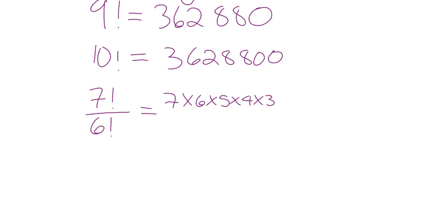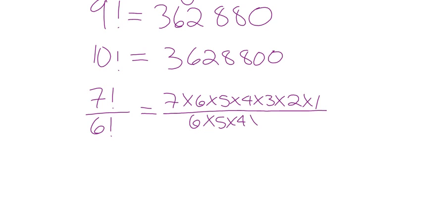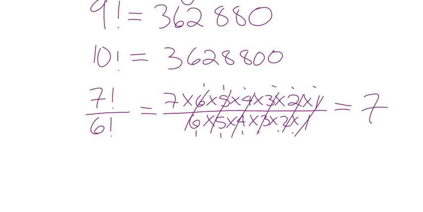And how do I write 6 factorial? So what's that equal to? Just 7, right? Because these are going to cancel each other out, just become 1s, and you're just going to get 7.